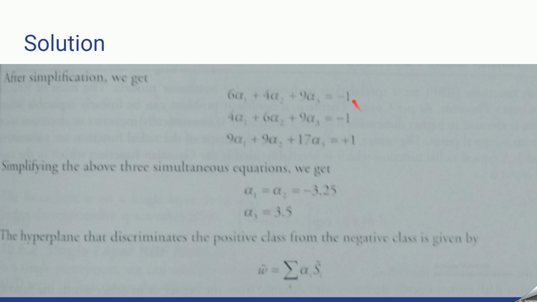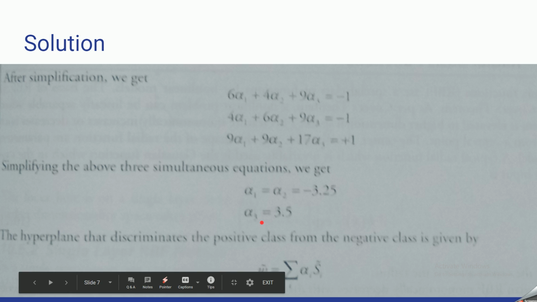Now you can give this as input in your scientific calculator and solve these three equations simultaneously to find the values of alpha 1, alpha 2 and alpha 3. On simplification, we get alpha 1 and alpha 2 values as -3.25 and alpha 3 is 3.5.